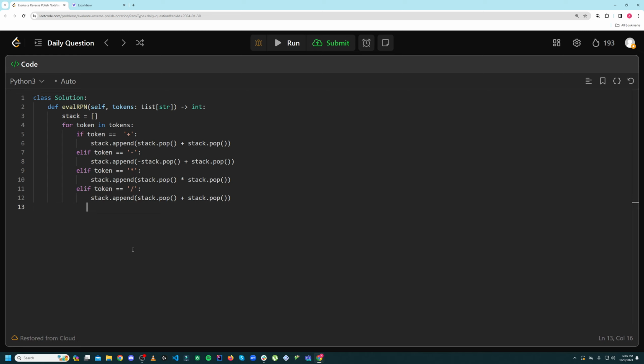We can just make variables here, I think. That would be pretty valid. So let's just do that to make it easier. So we can say last equals stack.pop, first equals stack.pop. And now we can append these two divided by each other. So stack.append first divided by last.